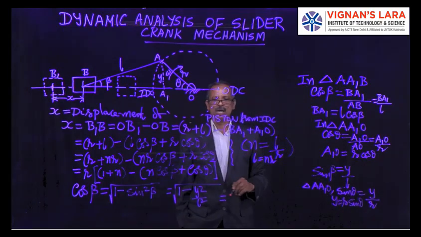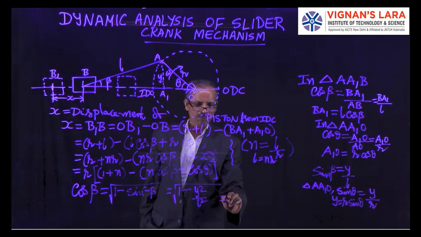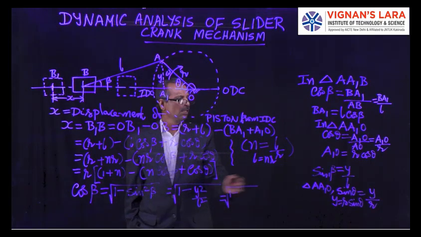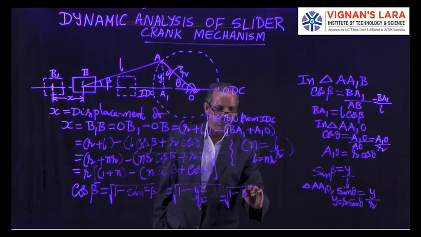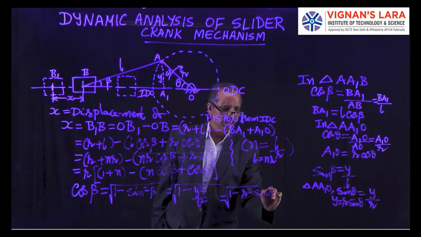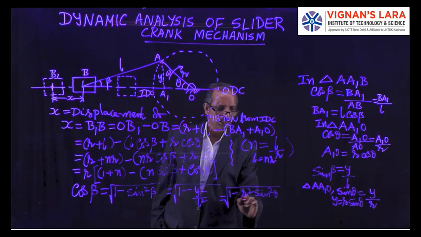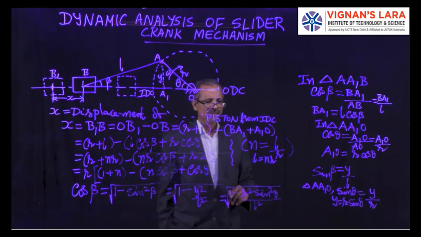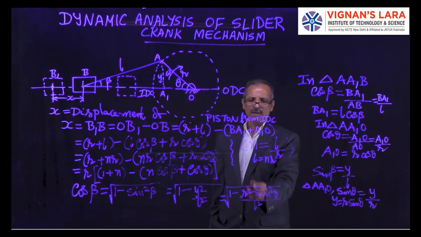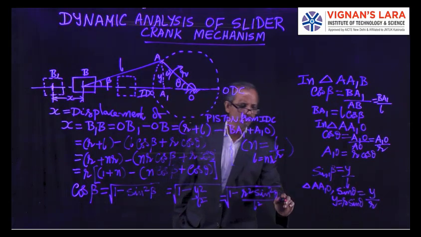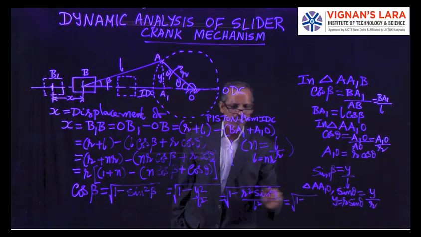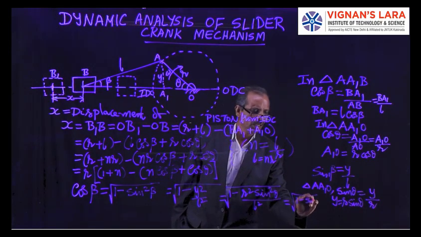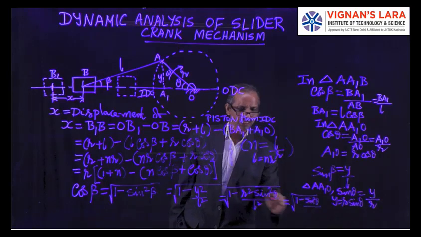I replace y here: 1 minus r square sine square theta by L square. We defined L by R as n, so it gives 1 minus sine square theta by n square.